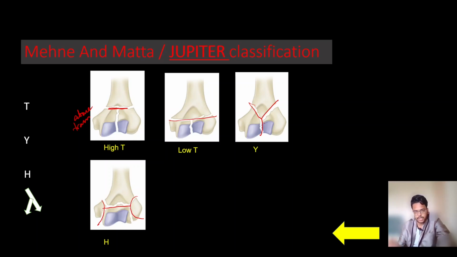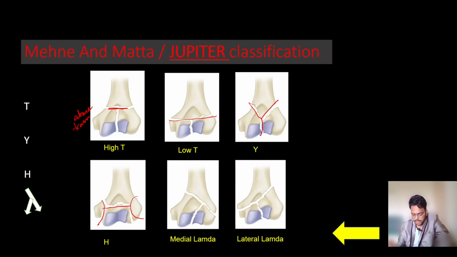This is an H type of fracture. And it is medial lambda, where the metaphyseal fracture is exiting through the medial condyle and it is going through the transtrochlear groove, medial lambda.